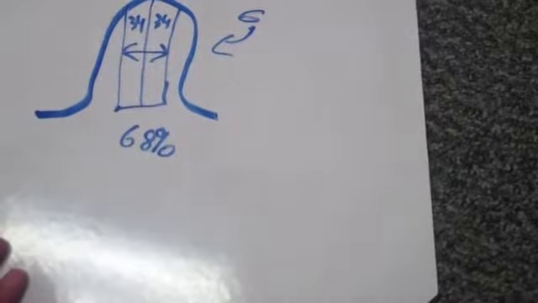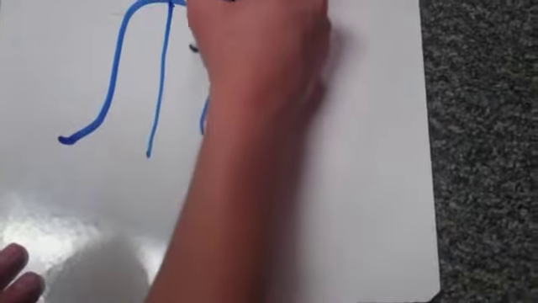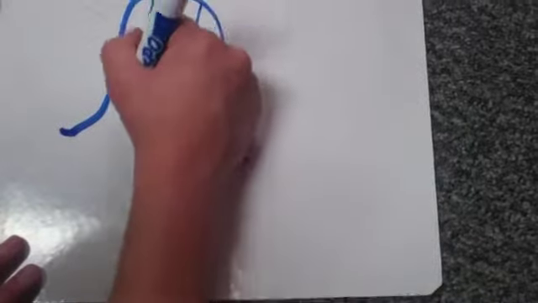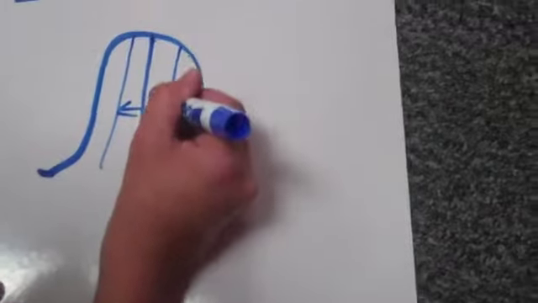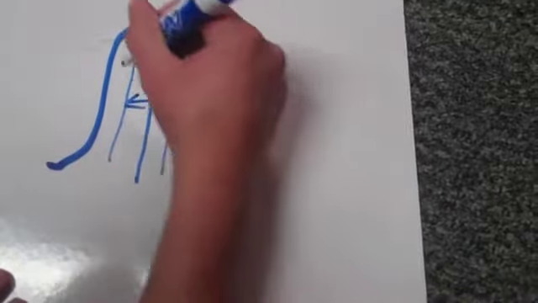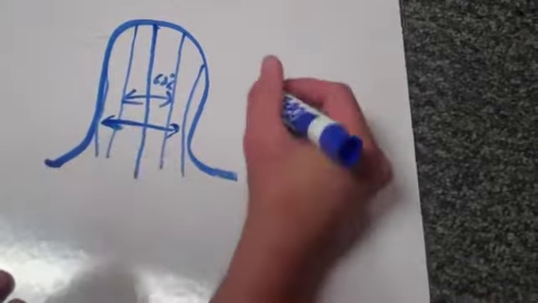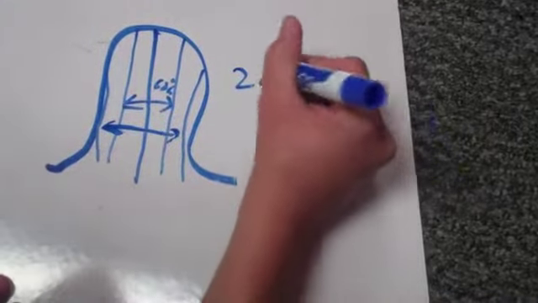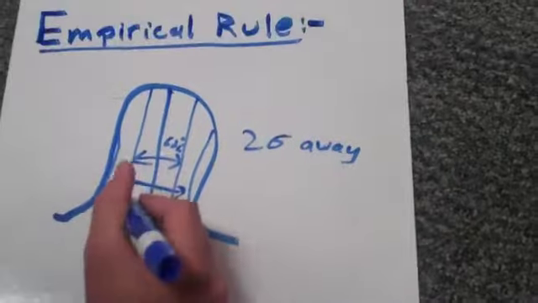Now, if you're going to go for 2 standard deviations, you're going to be in the 95%. So you have here your 34% or your 68%. In this portion right here, which is 2 standard deviations away, you will have 95% of your data.